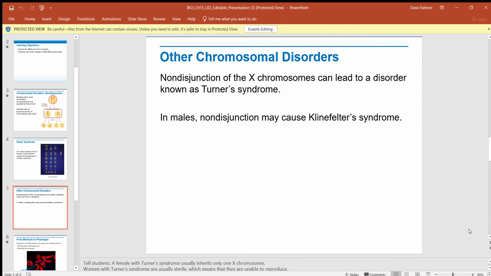They will be spontaneously aborted. The Y chromosome, if you can remember from when we talked about that, contains a sex-determining region that is necessary for normal male development. Even if there are several X chromosomes, as long as they have the Y chromosome, the male will survive and it will be a male.